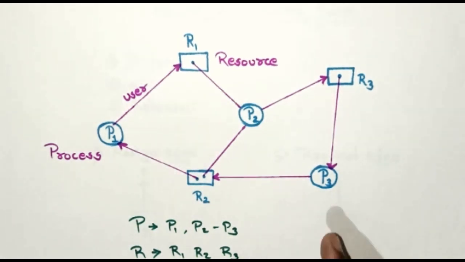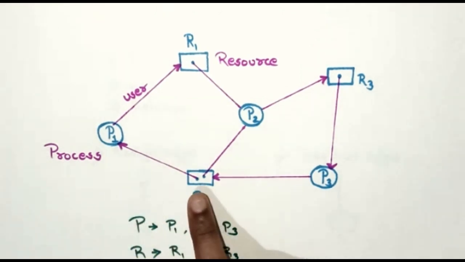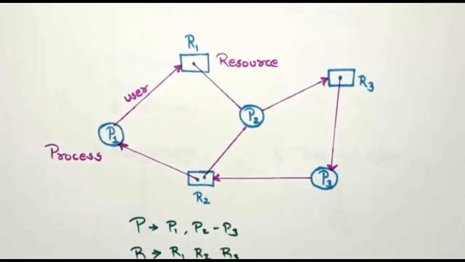When P3 sends a request to R2, which consists of two instances, one is held by P1 and another is held by P2. So at that time there exists a deadlock, where instances of two different resources are being held by only one process, that is P2, at the same time. So there will be a deadlock.